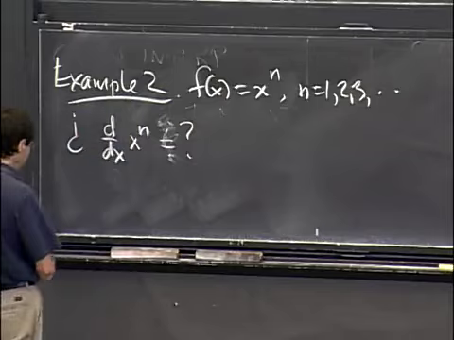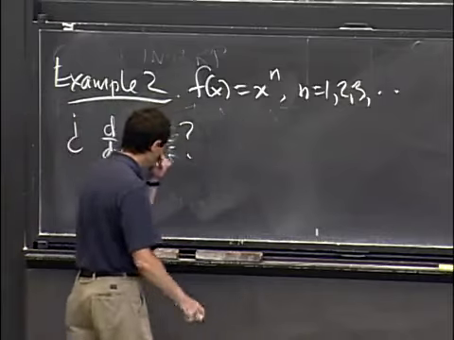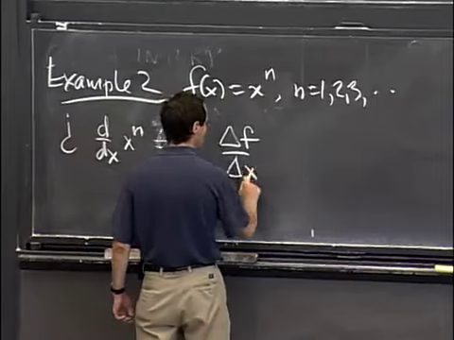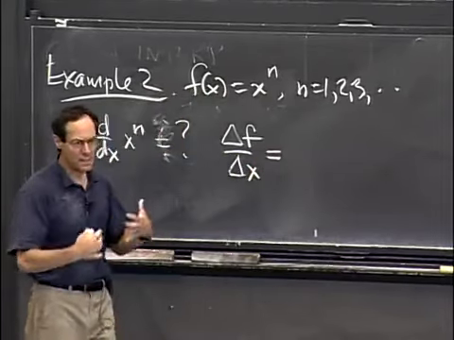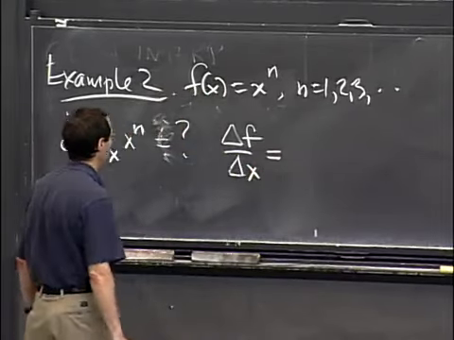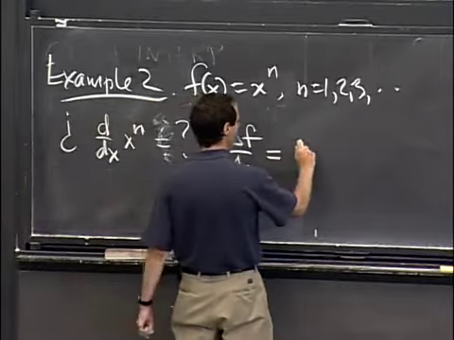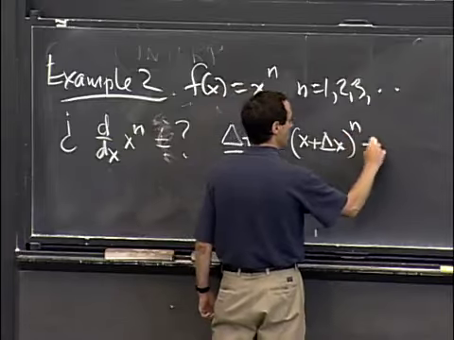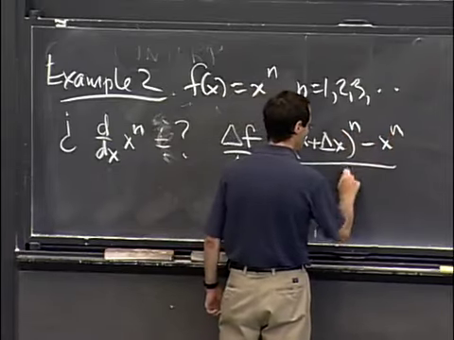So again, we're going to form this expression, delta f over delta x, and we're going to make some algebraic simplification. So what we plug in for delta f is (x plus delta x) to the n minus x to the n, divided by delta x.